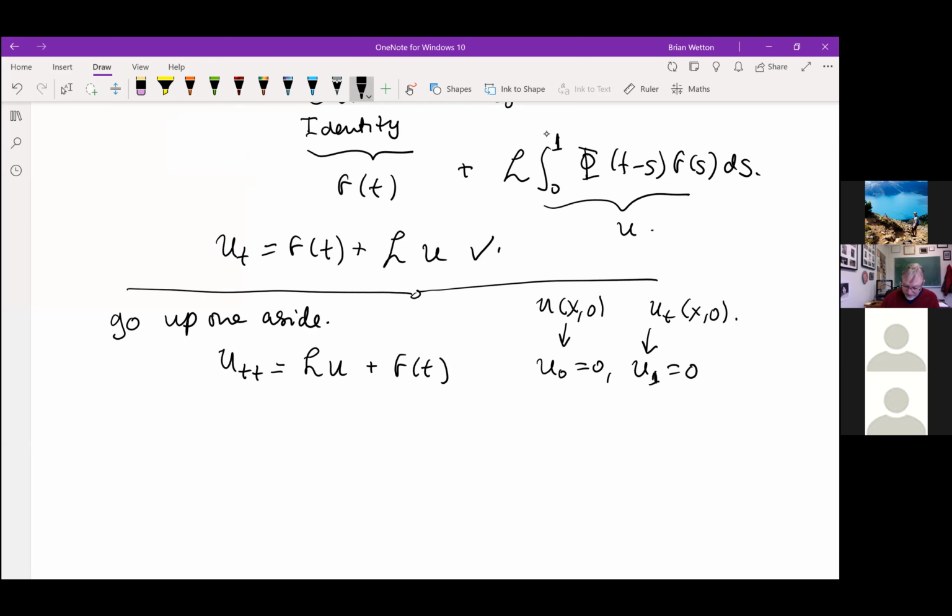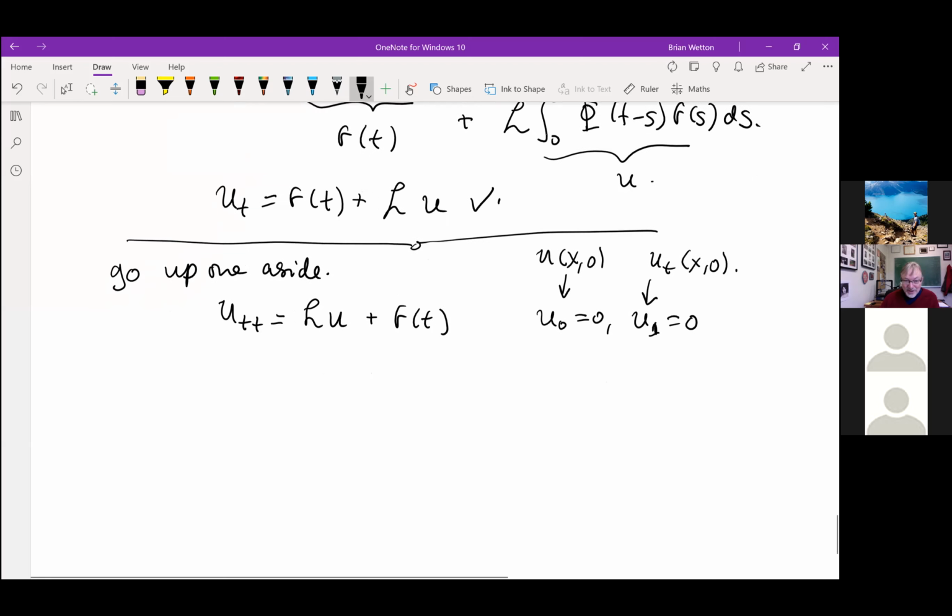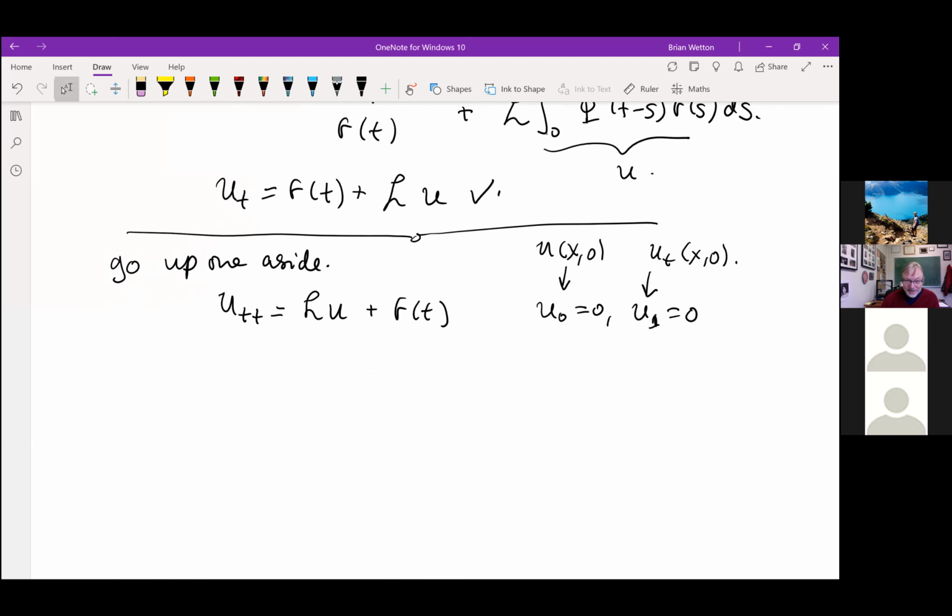Okay, and the question, which I know you're burning with curiosity for, is, well, can we do the same kind of game? Which one of the initial value problems do we use in Duhamel's principle? And it turns out to be the second one.